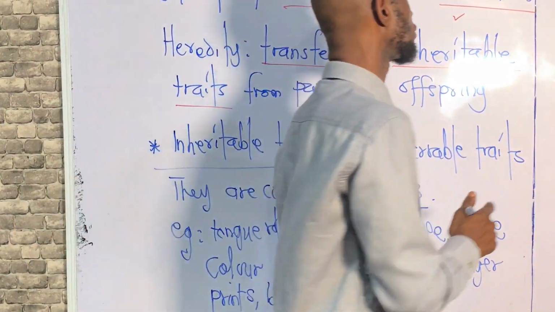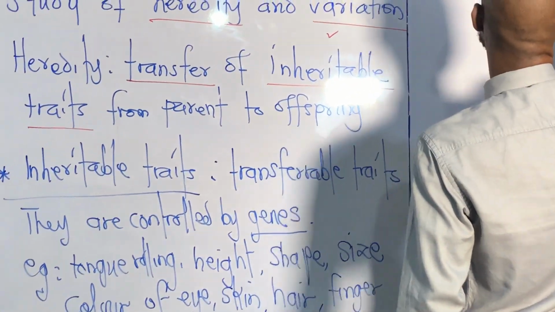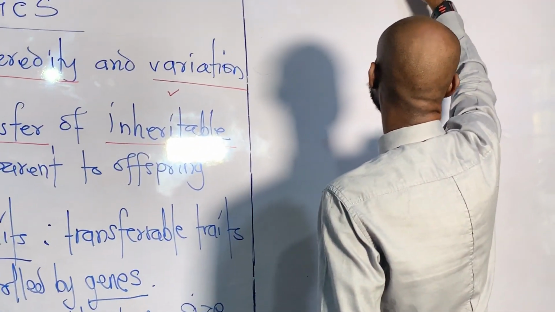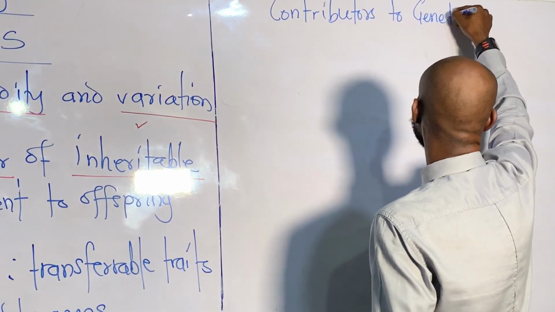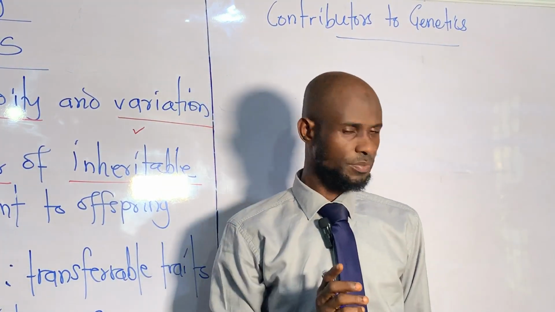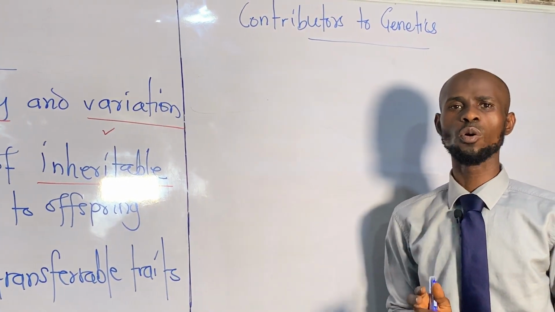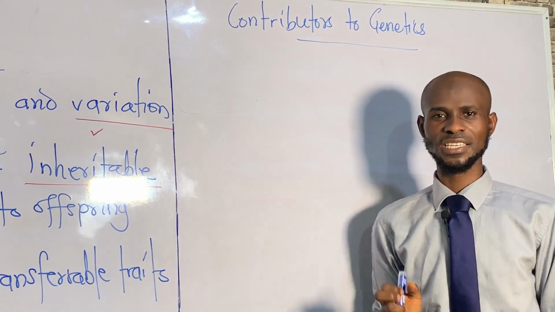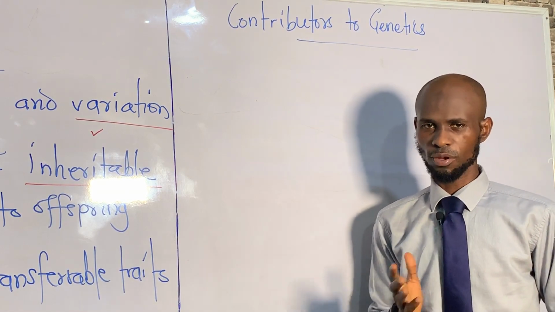So let's look at the contributors to the study of genetics. The first thing is that the person or the scientist that studies genetics is called a geneticist. Let's say together, geneticist. You find this in the past question, always.